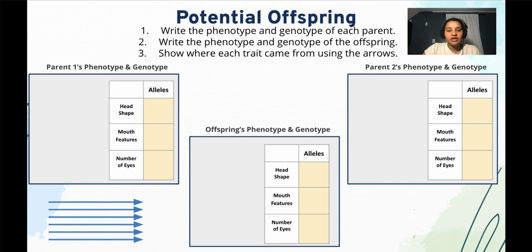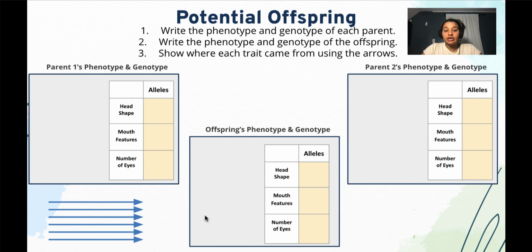The final part of this lesson is an opportunity for you to show how your offspring got its traits. You're going to copy and paste the information for parent number 1's phenotype and genotype into these boxes here. Then you're going to copy and paste the information for parent 2's phenotype and genotype in the box here.